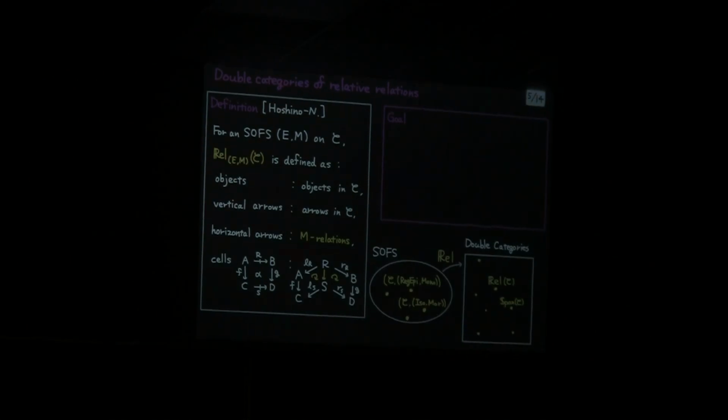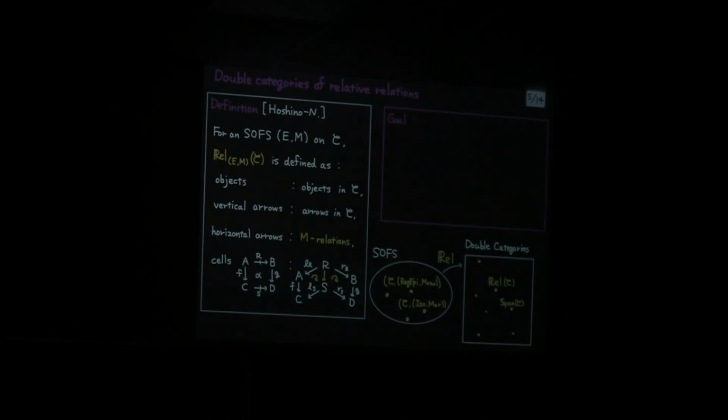As we expect, the vertical part is the category C, the horizontal arrows are M-relations, and cells are defined in exactly the same way as in the case of spans. So when I write this diagram, what we did is we constructed the double category of relations from stable factorization systems.